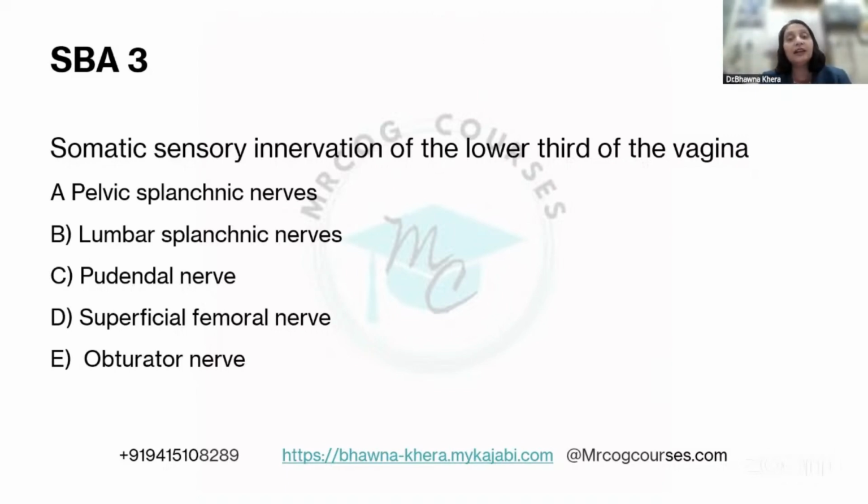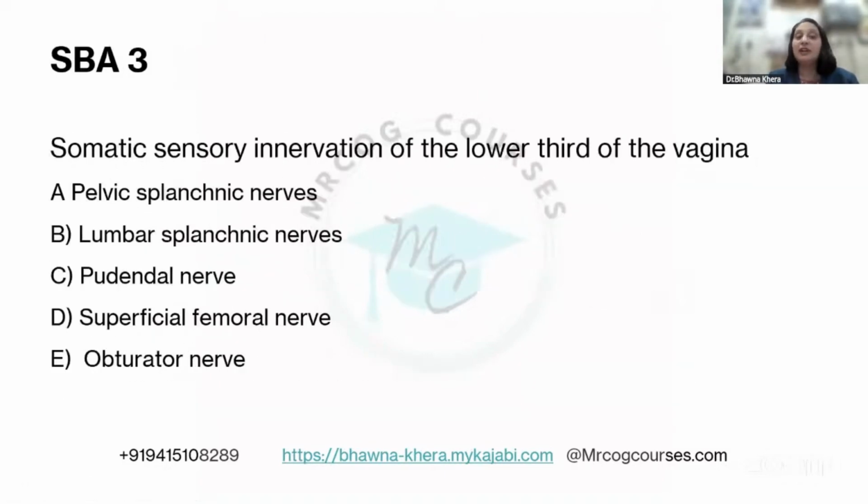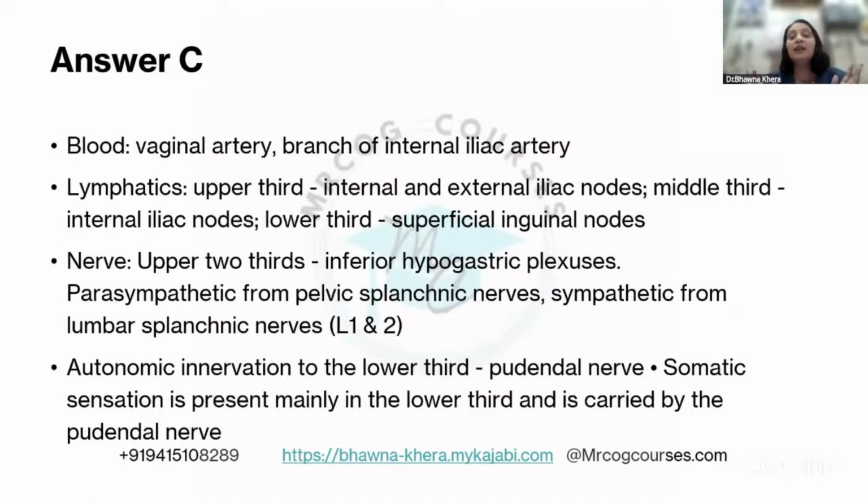But the lower part comes from the surrounding areas of the perineum, so that becomes the pudendal nerve. The pudendal nerve supplies the perineum, and that's the one which supplies the lower one-third of the vagina.